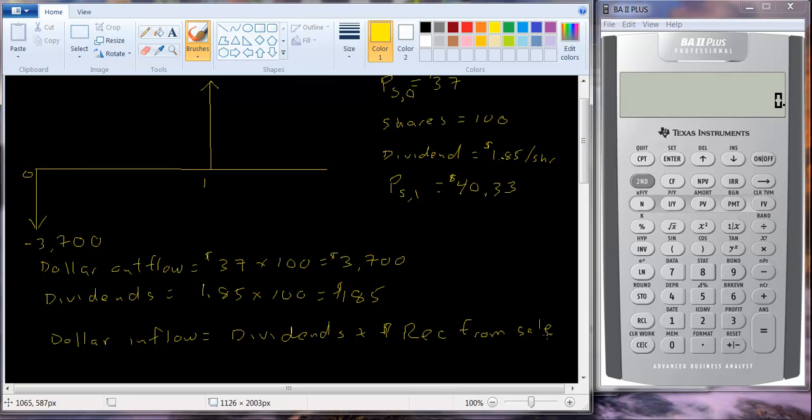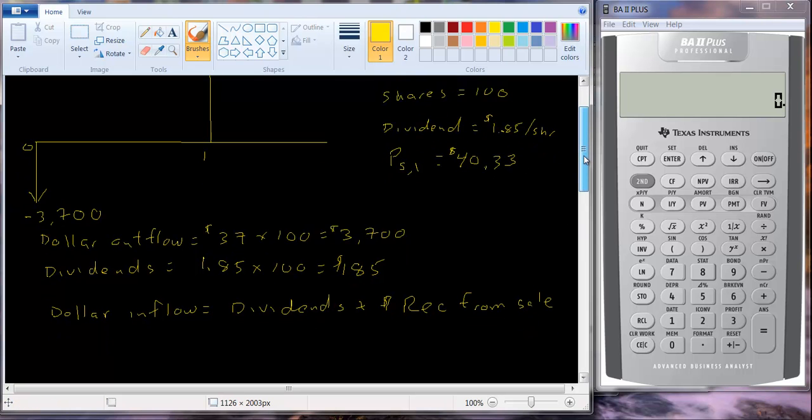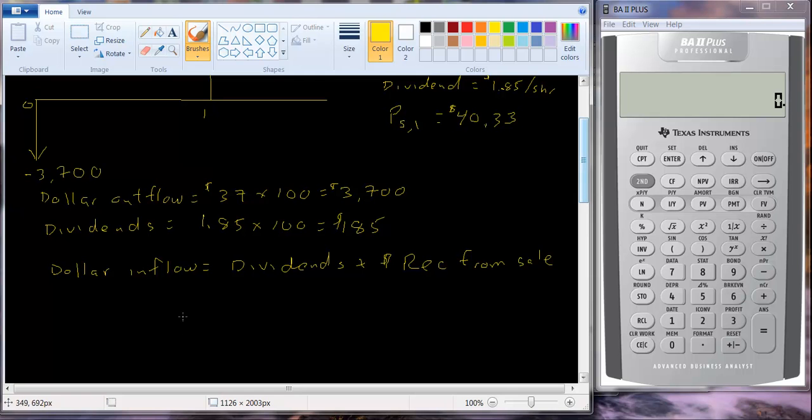And how much do you receive? I don't think I need to multiply that out for you. $40.33 times 100, so that's going to be $4,033.